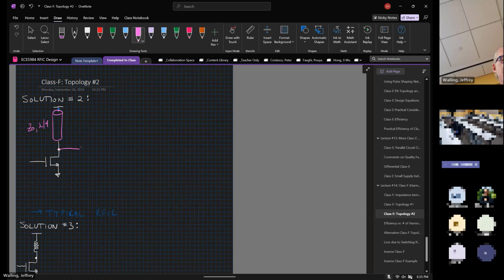And then I have a matching network. I designed the matching network so that it presents R opt during an impedance transformation.